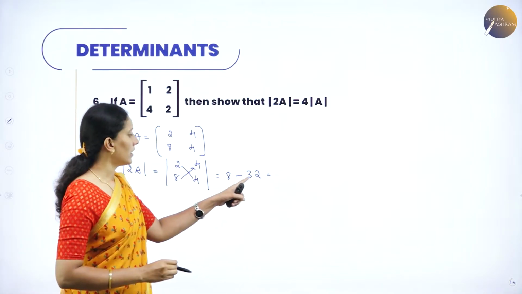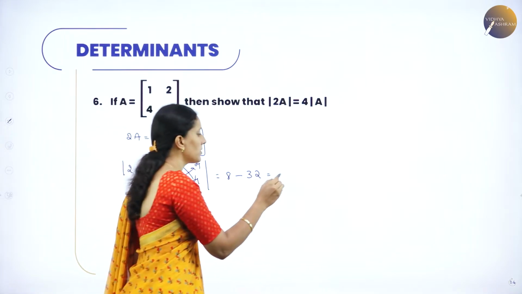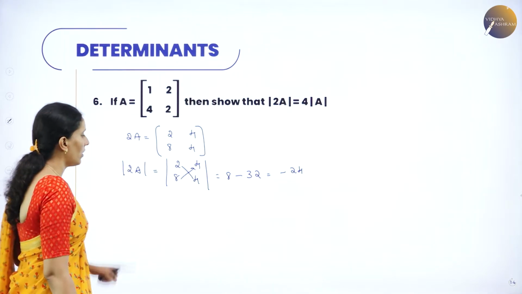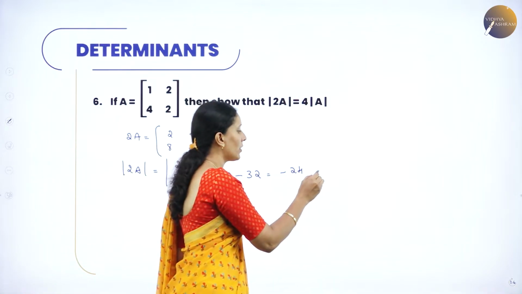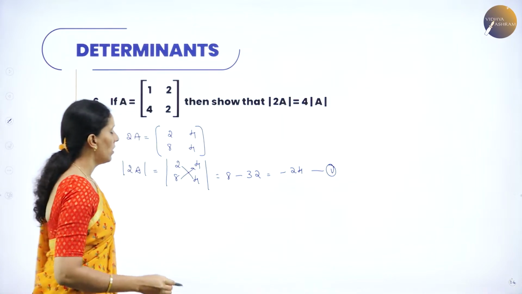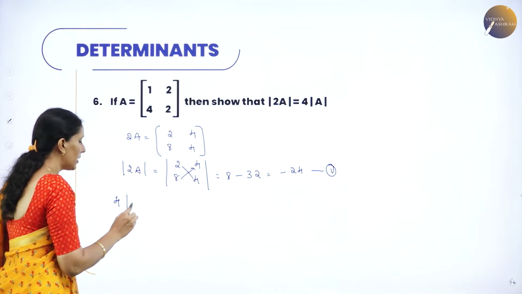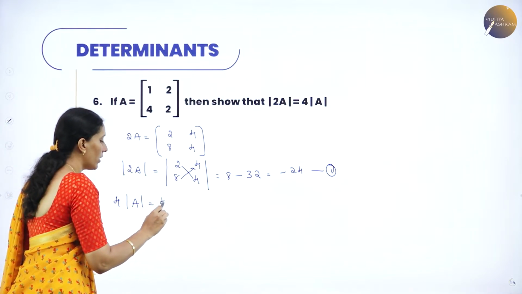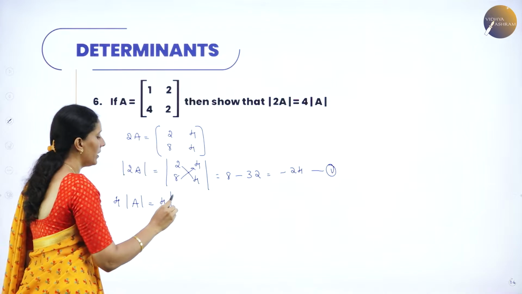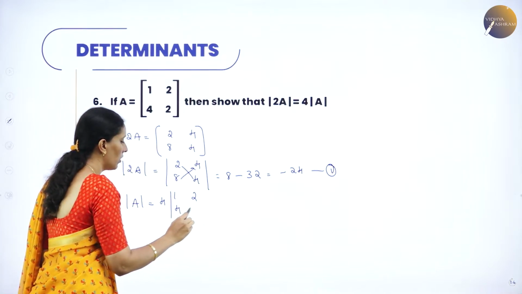So here 32 minus 8, which becomes minus 24. So let me take this as equation 1. Now let's see 4 into determinant A. So 4 into, what is the value of the determinant 1, 2, 4, 2?